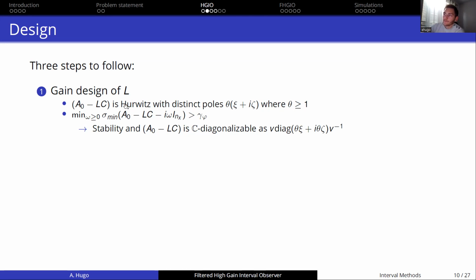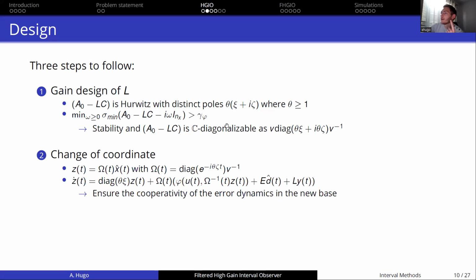Once we design the gain L such that we have this, we will ensure both the stability of the observer and that the state matrix is diagonalizable over the field of the complex. And this diagonality will be used in order to design the change of coordinates.